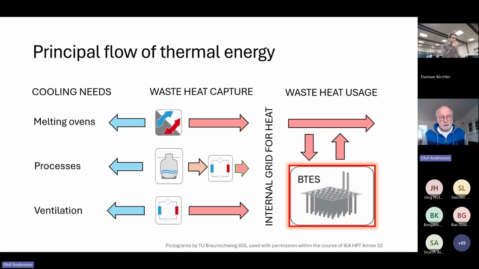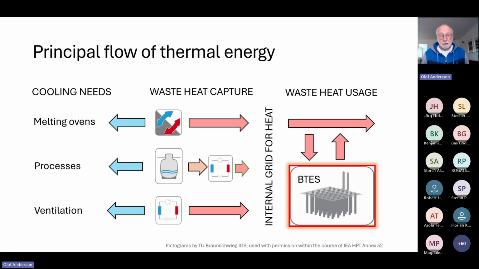The cooling needs, which are supposed to be around 8 gigawatt hours per year, come from the melting hours in the foundry and several processes in the workshops, and of course ventilation.